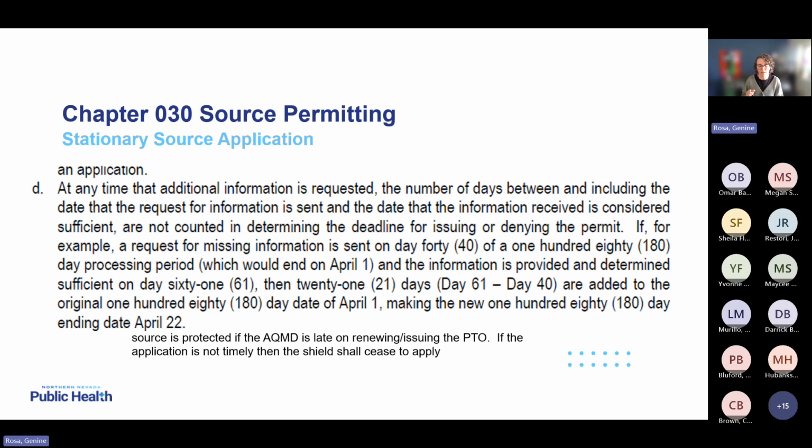If you provide a complete and thorough application, your permit will likely be issued much faster than one that's missing a lot of information or needs a lot of clarification. If we ask for clarification, we're pausing the clock, so that doesn't count against us in our 180 days. Your turnaround time on getting that back to us is in your best interest to get your permit more timely.